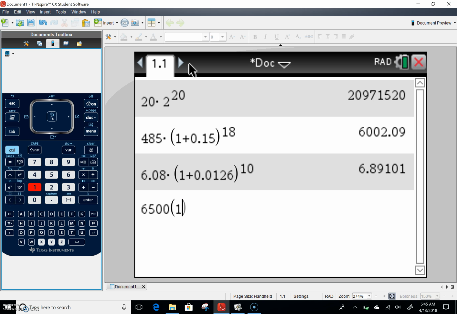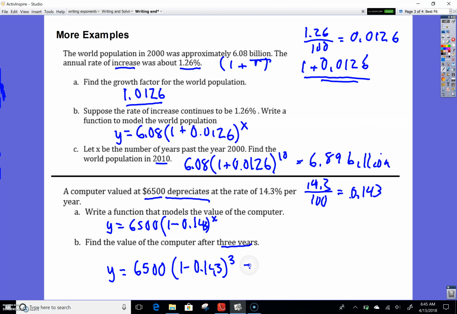And this time, because it depreciates, I'm going to subtract 0.143. And after 3 years, the value of the computer is $4,091.25. Still kind of expensive. Okay, moving on.